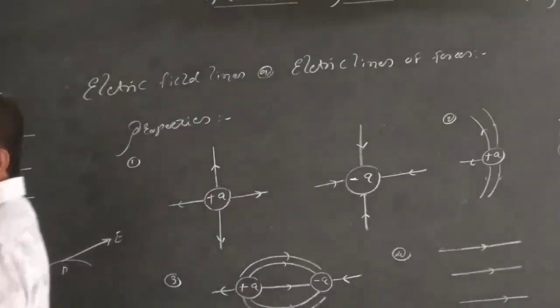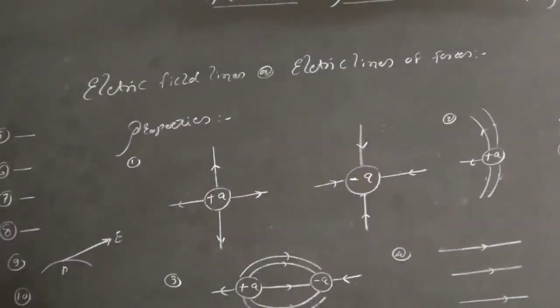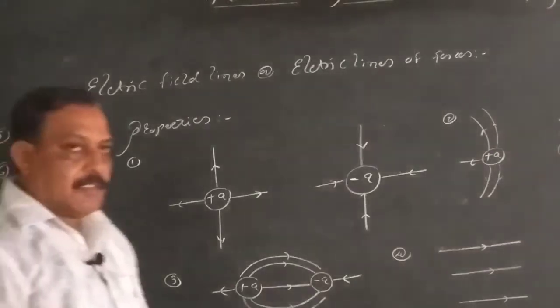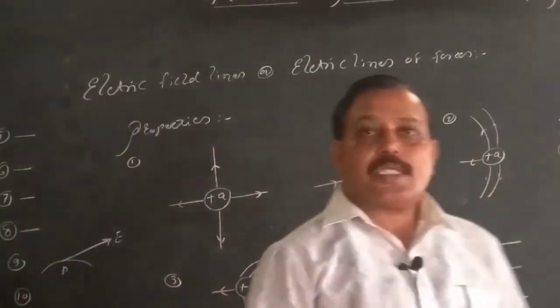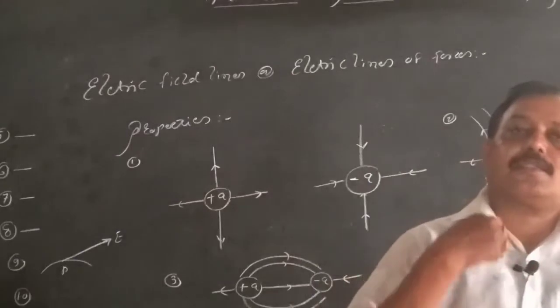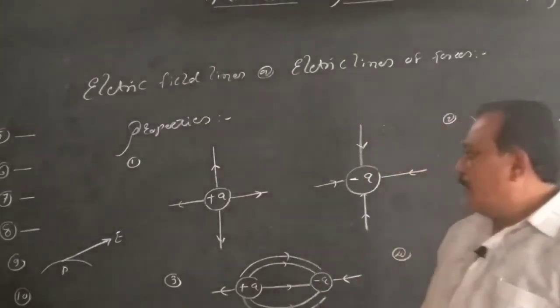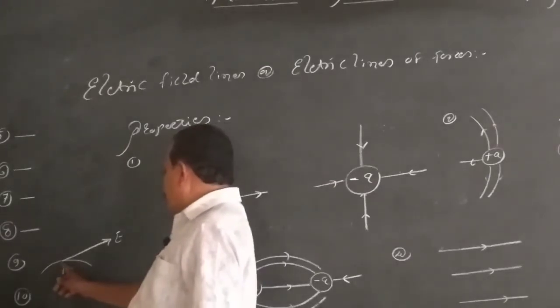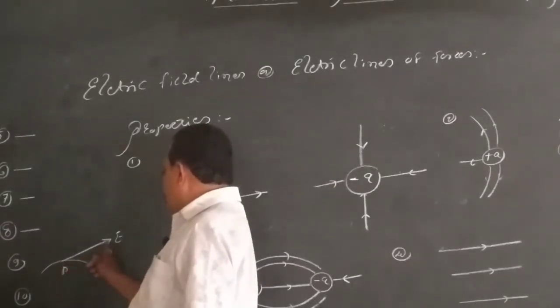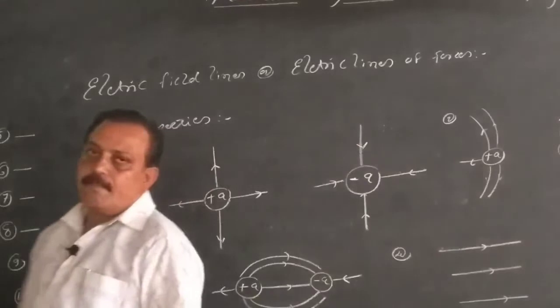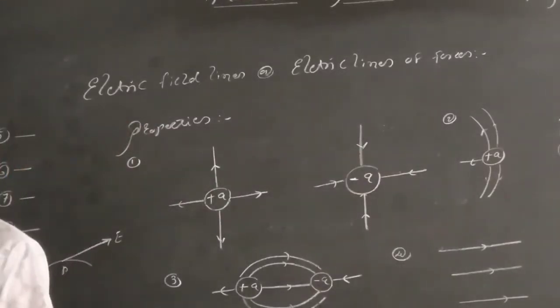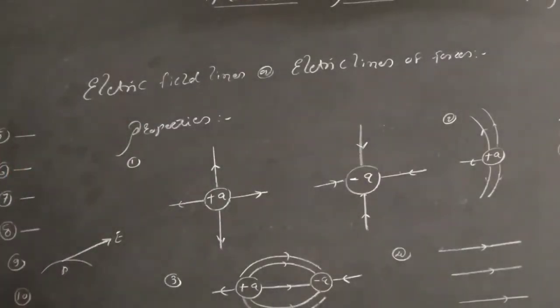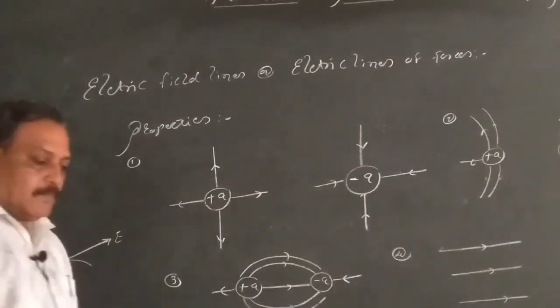If they are spread wide apart, that indicates a weak electric field. Then the electric lines of forces never enter inside the conductor. The next property, the electric lines of forces are smooth curves. If I draw the tangent for the curve at any point, that gives the direction of the electric field. Then the last property, the electric lines of forces are normal to the surface of the conductor.